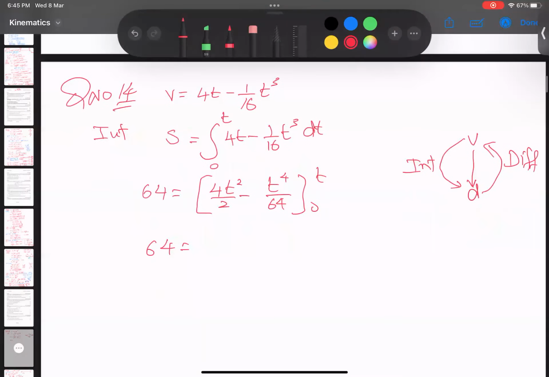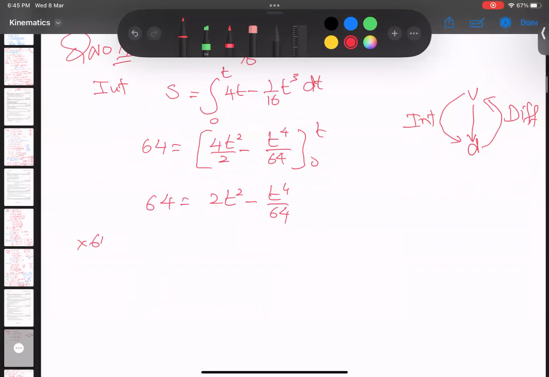When I plug in the limits, I get 2t squared minus t to the power 4 by 64. Now multiply by 64. It is very clear, students. So 64 times 64, I get 4096, and 64 times 2 is 128.